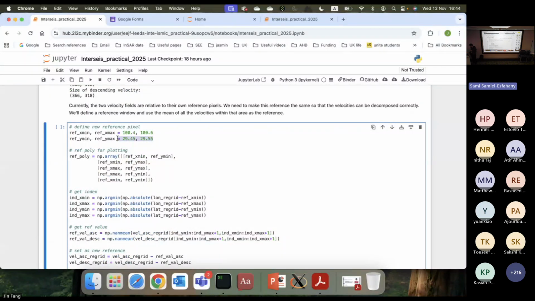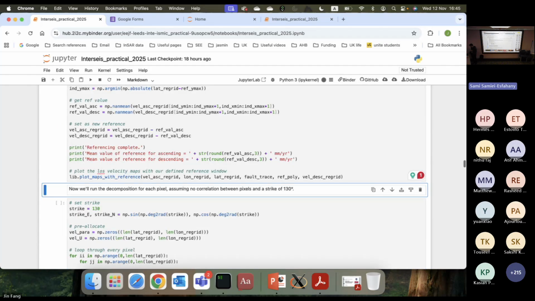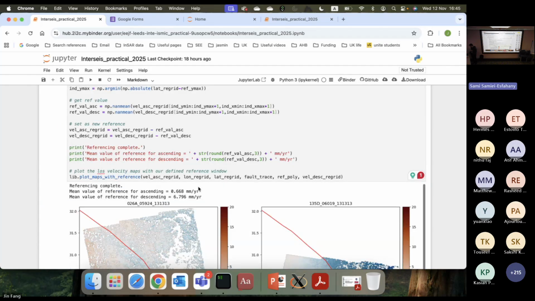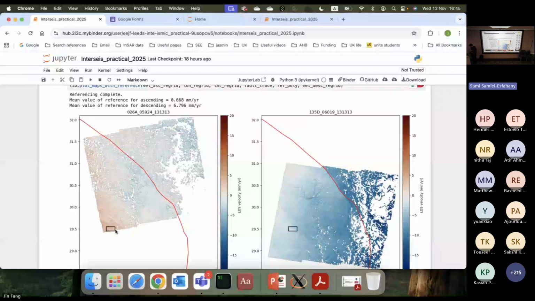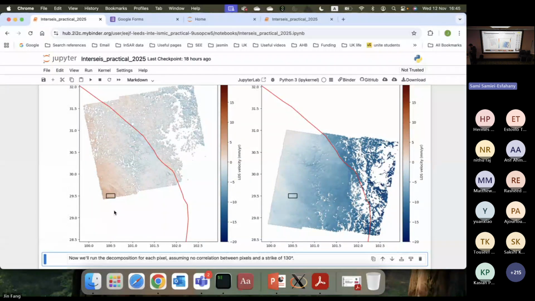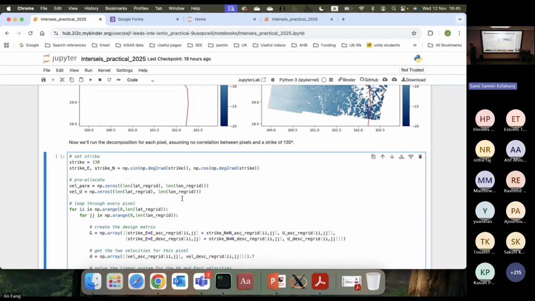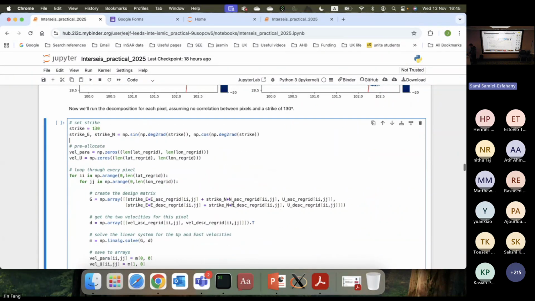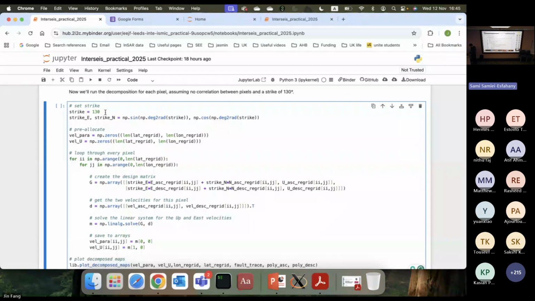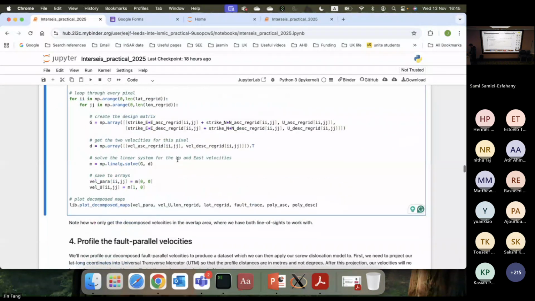And we're going to define a reference window here away from the major deformation and use the mean velocities within that area as the reference, as shown here as a black rectangle. And then we run the decomposition for each pixel, assuming no correlation between pixels, and a fault strike of 130 degrees.